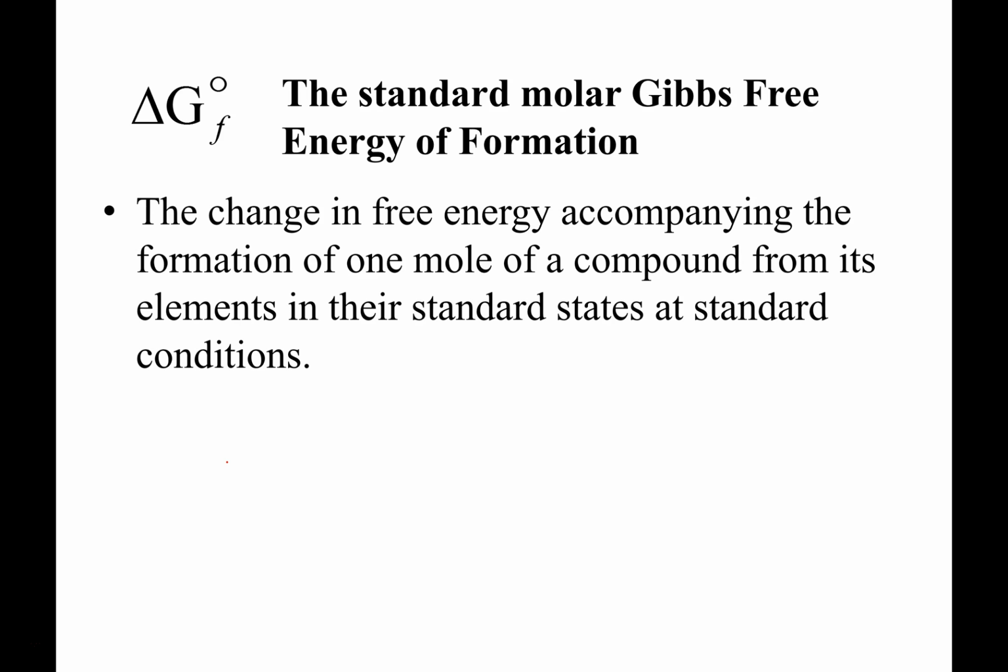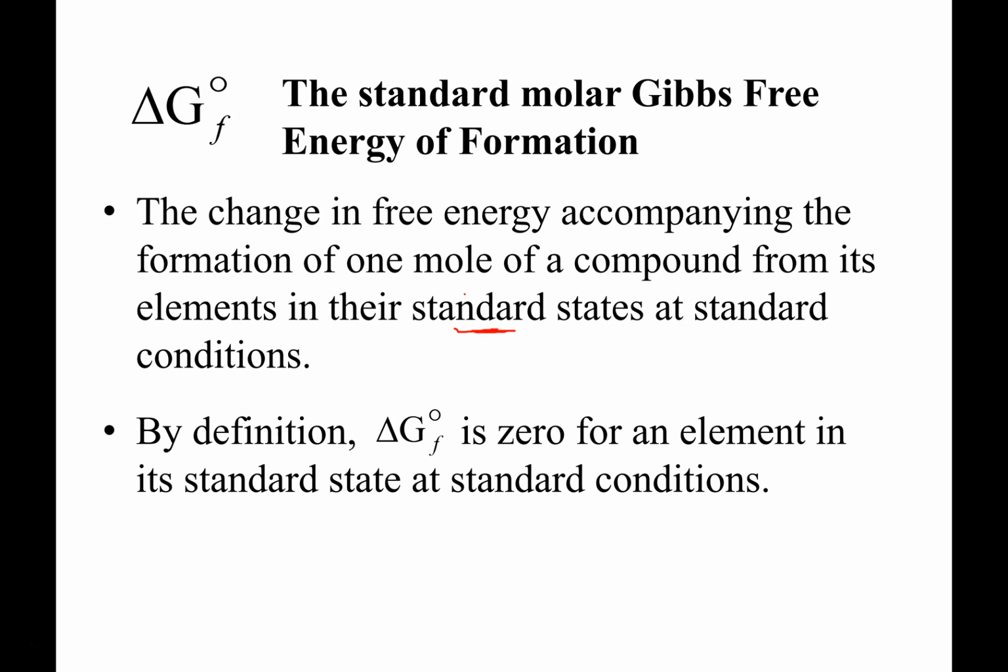So, yeah, the F means formation. The little knot we said means standard conditions, which is 25 degrees Celsius, 1 bar pressure. Okay. We're going to talk a little more about standard states. The other day, or Wednesday, I said we'd be using it.